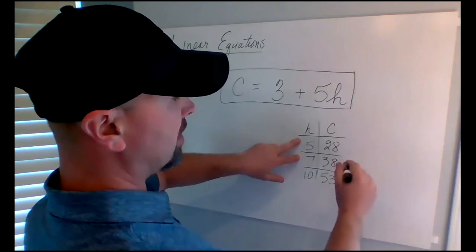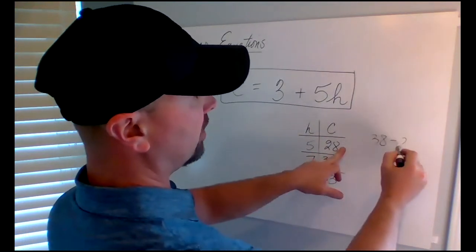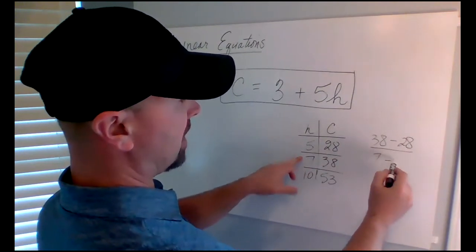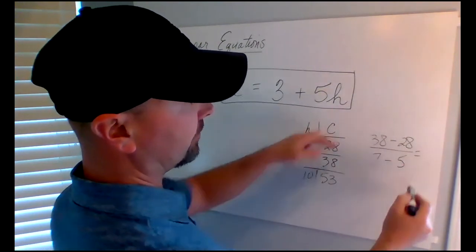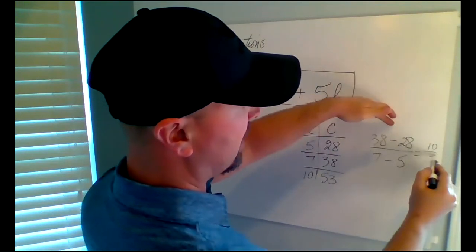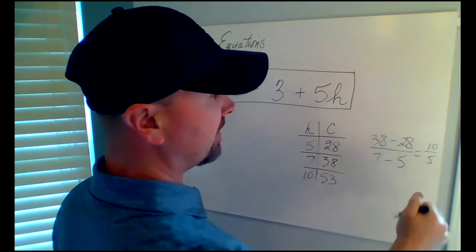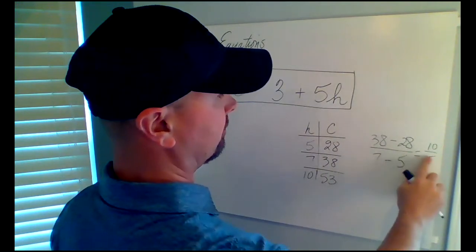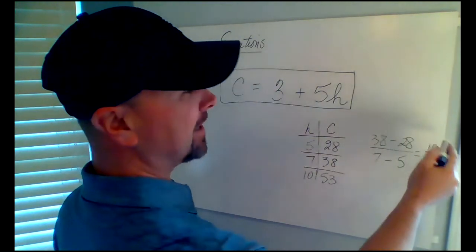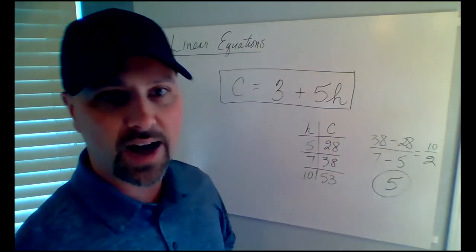Okay, so the slope, y2, 38, minus y1, 28, over x2, 7, minus x1, 5. 38 minus 28 is 10. 7 minus 5 is 2. And 10 divided by 2 is 5. Okay, so the slope is 5.